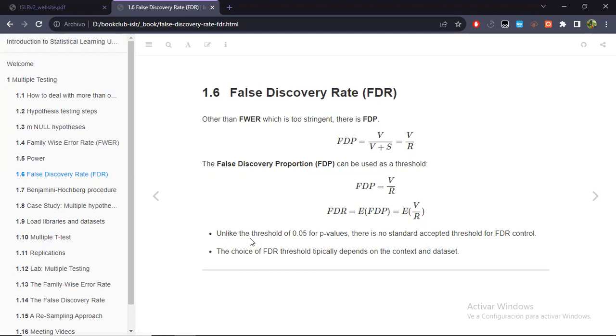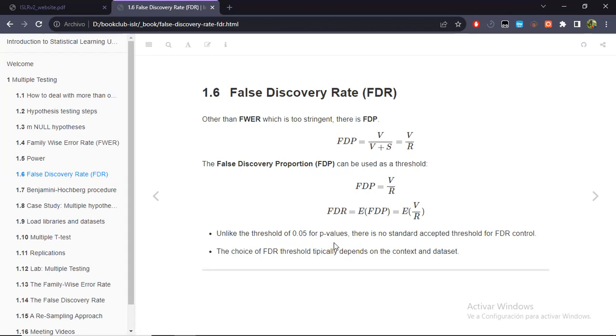And they also mentioned that compared to the testing that we saw in the beginning, when we only have one hypothesis, over there is a common threshold of alpha. That is the probability of making a type 1 error, and that is simply the value 0.05.